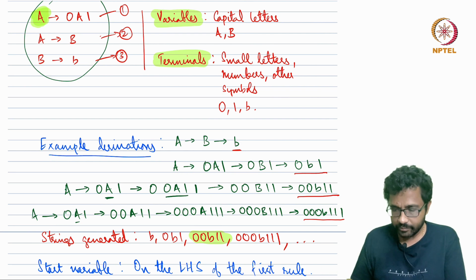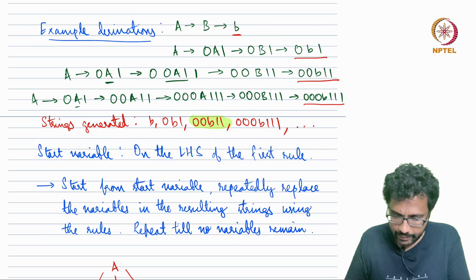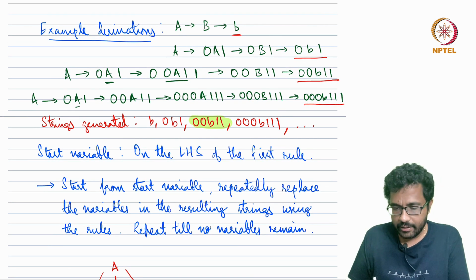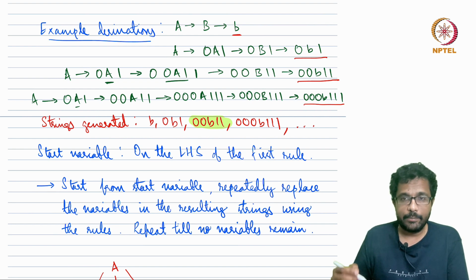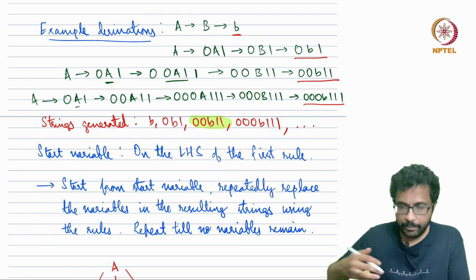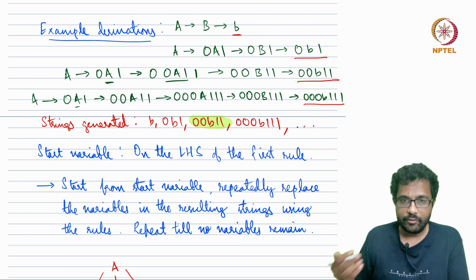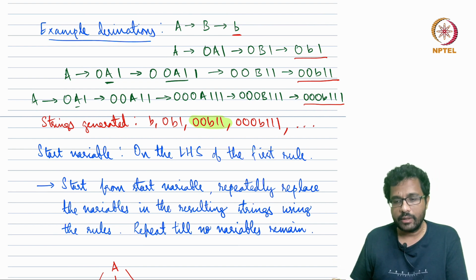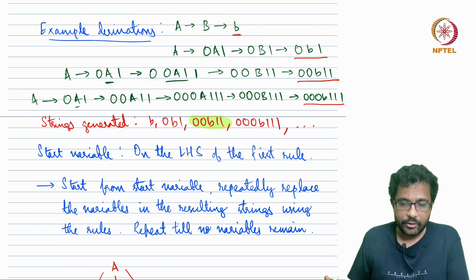I have written it in detail here: the start variable is on the left-hand side of the first rule. You start from the start variable and repeatedly replace the variables in the resulting strings using the rules, and you do this until there are no more variables.